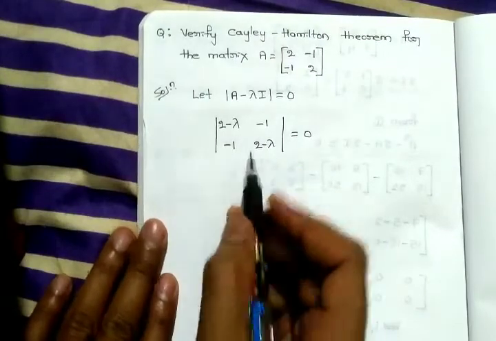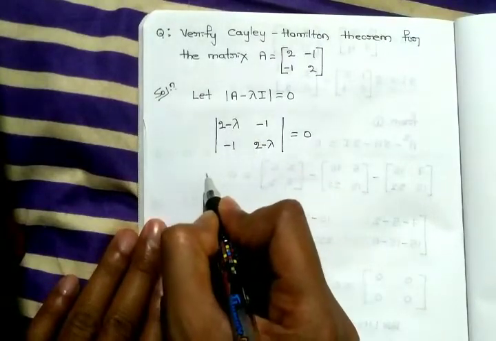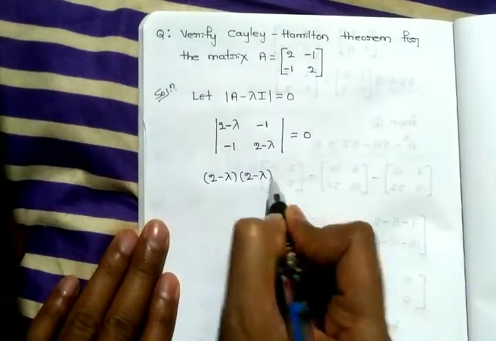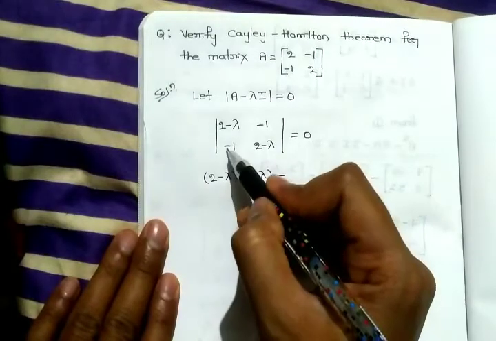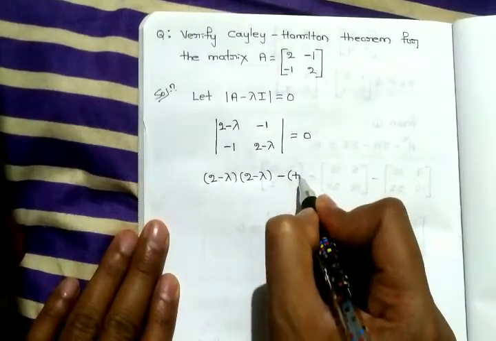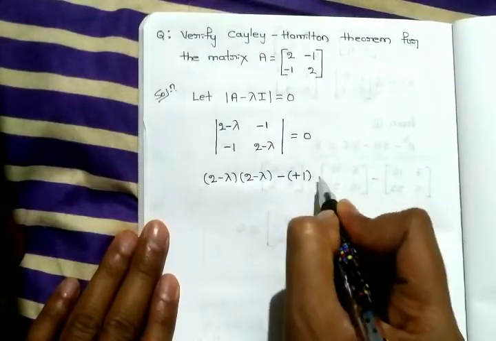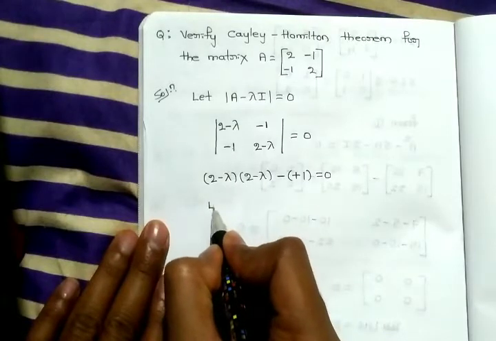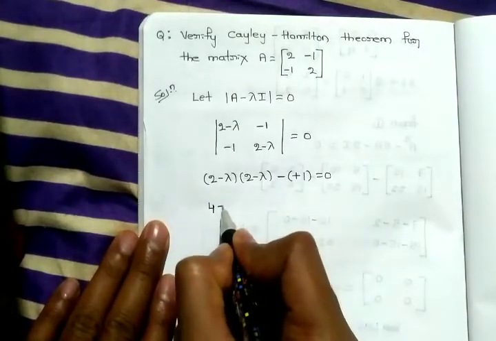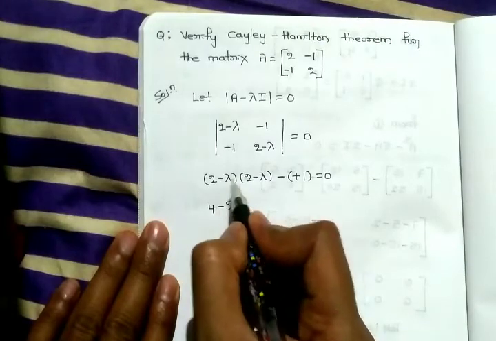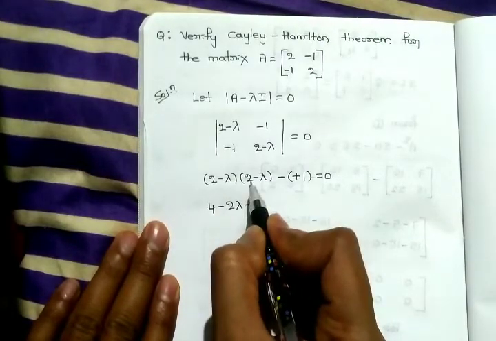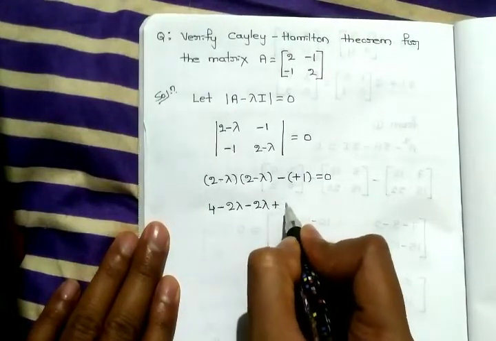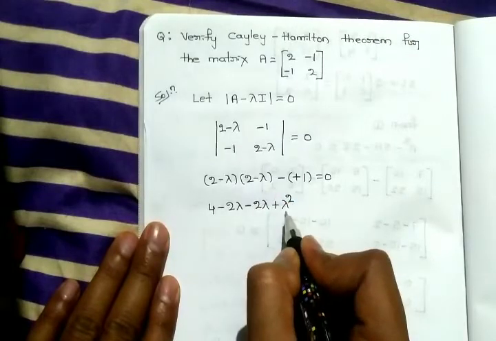Apply the second order determinant rule, cross multiplication: 2 minus lambda into 2 minus lambda, middle with sign minus, minus into minus goes to plus, 1 into 1 is 1, equal to 0. Open the bracket: 2 into 2 is 4, 2 into minus lambda is minus 2 lambda, minus lambda into 2 is minus 2 lambda, minus into minus is plus, lambda into lambda is lambda square.